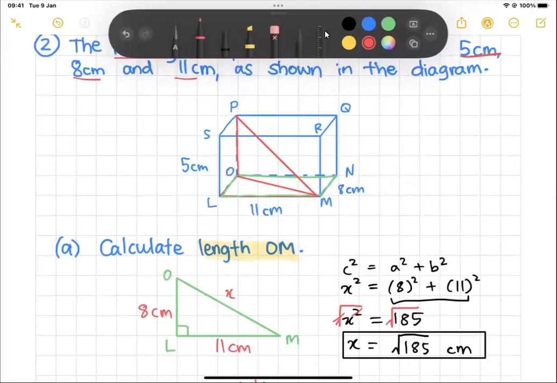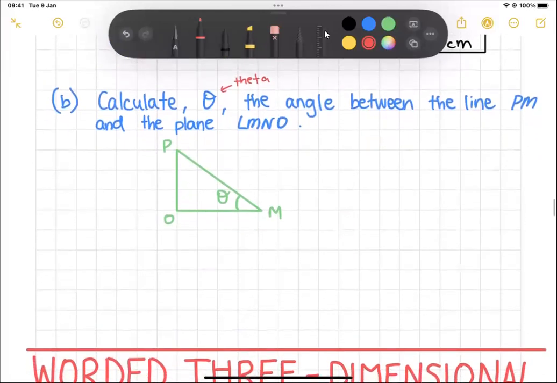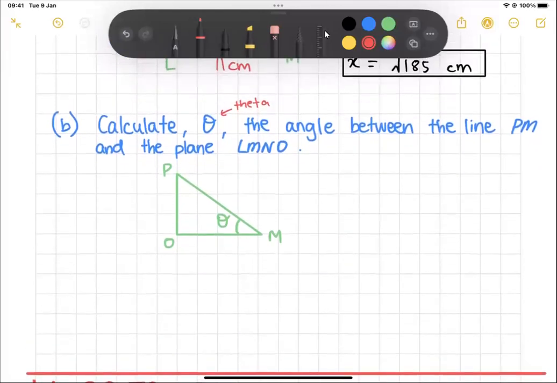If I were to draw like that, connecting P and O, that means that this is a right angle triangle, right? The angle will be this one right here, reason being is because it's between LM and O, as well as connecting it to the line of PM. I'm going to draw and isolate that triangle, which I've got here.